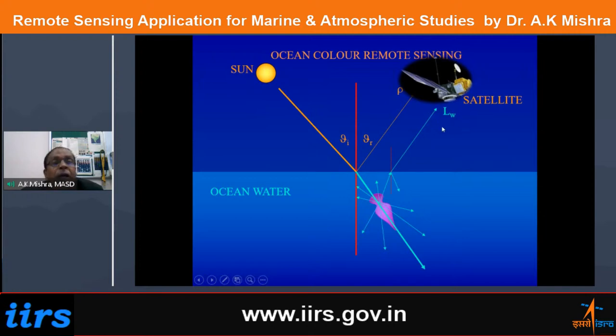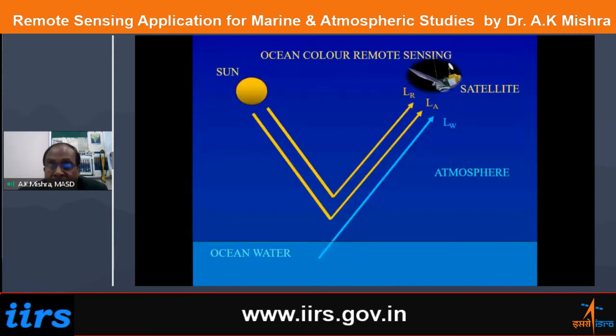LW is the water leaving radiance, which ocean color researchers are looking for, and they relate LW to different biological parameters of phytoplankton, suspended sediment, or dissolved organic matter.